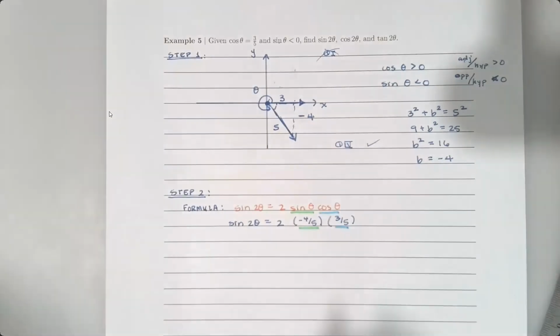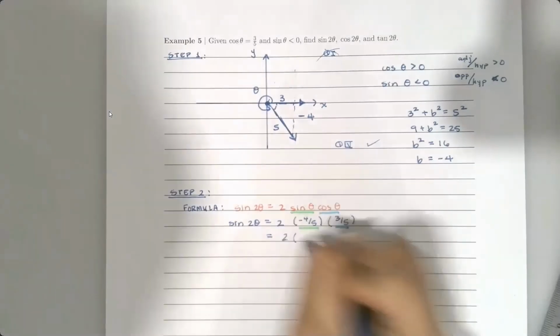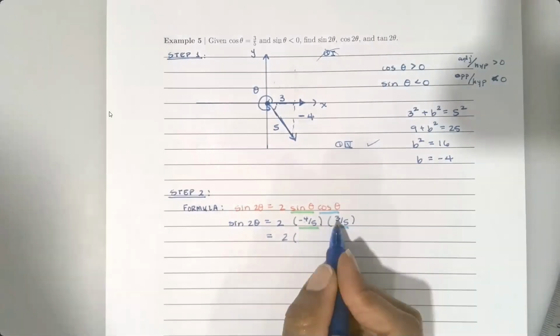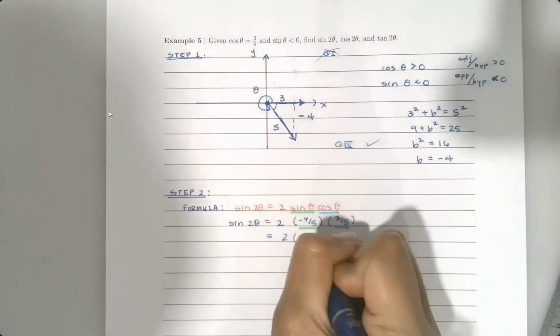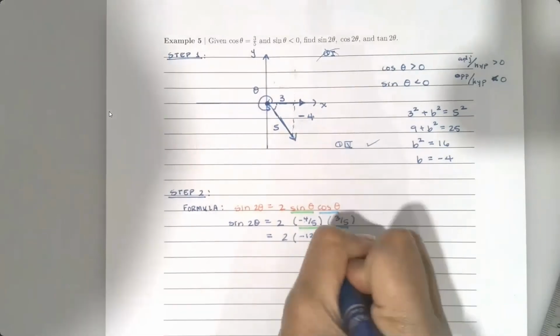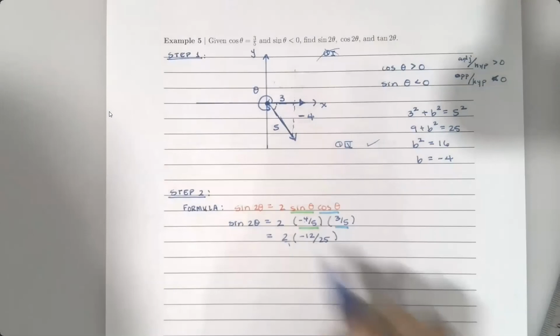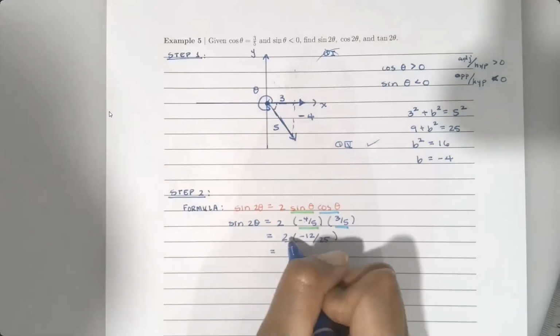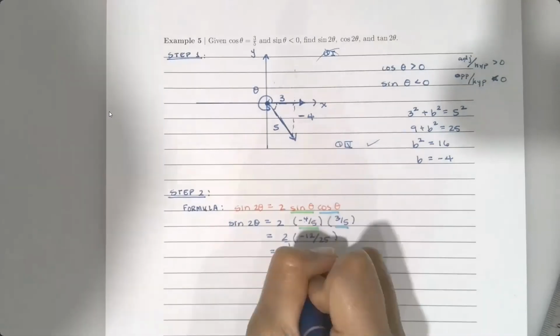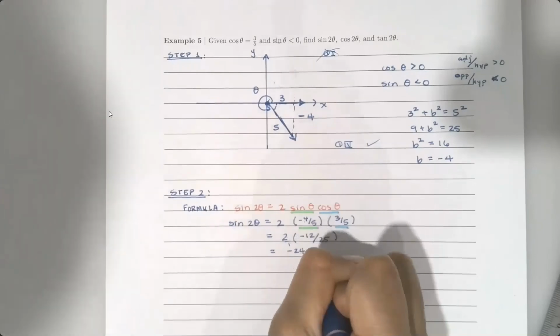Okay, so now let's simplify. We have a 2 times negative times positive will give us negative. So that'll be -12 over 5 times 5 is 25. And then finally, this you can treat as a 2/1. So we have 2 times -12, that'll be a -24 over 1 times 25, that's a 25.